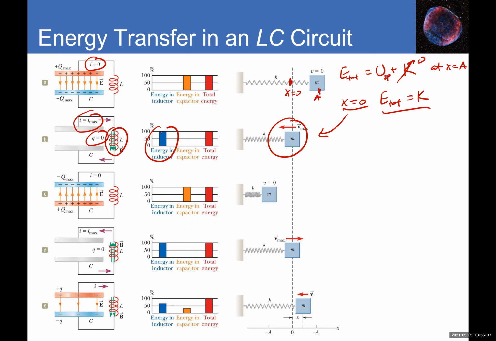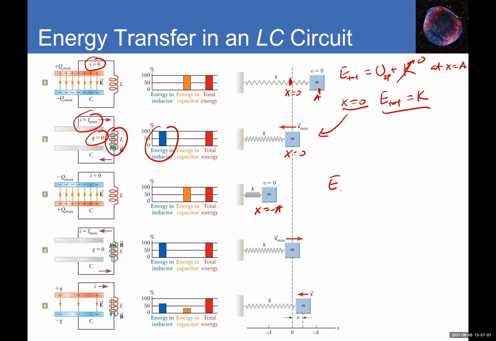But because of the oscillatory properties of this circuit, the energy doesn't remain magnetic in the inductor. It starts converting back to electric potential energy, just like the block doesn't stop here and continues moving from x equals 0 to x equals negative a.